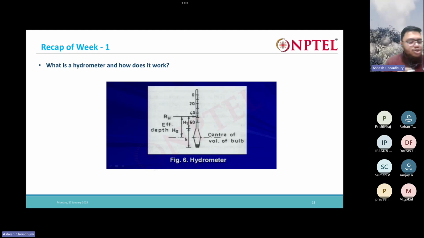In hydrometer analysis, remember the soil that we have taken, the amount that has passed through the 75 micron sieve. We take that soil and make a solution. We have a long graduated flask, volumetric flask or beaker, where we put that soil and pour in distilled water to make a solution.